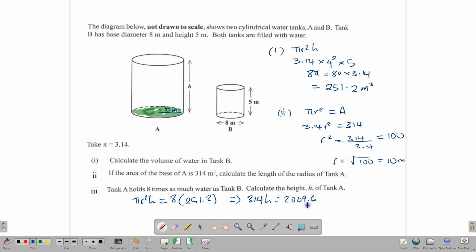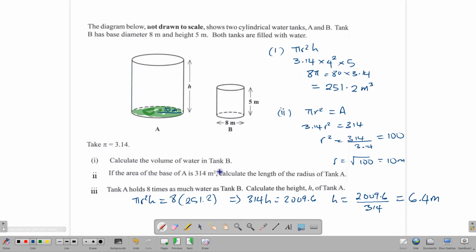And dividing that, we end up with h equal to 2009.6 divided by 314, and that gives us a height of 6.4 meters. So that is how we approach this kind of question, using pi r squared height.